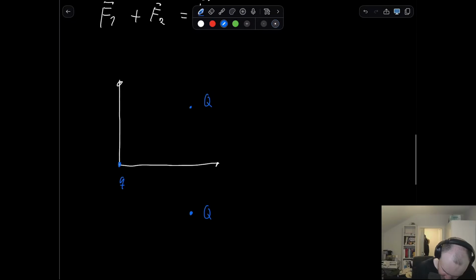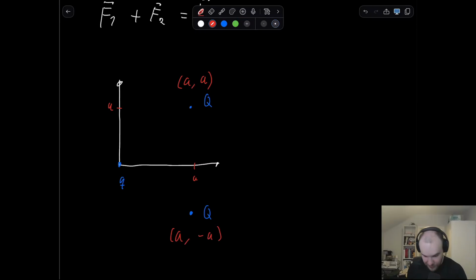The position of Q1 is, of course, a, and the other is at minus a, like that. Okay, that should be all right. So we have to use both of those forces.